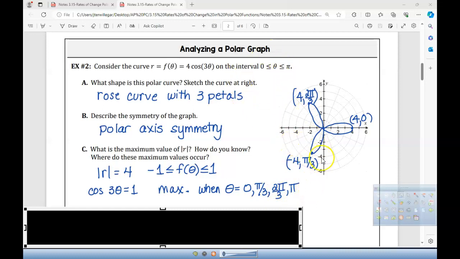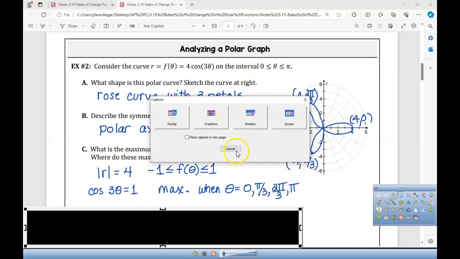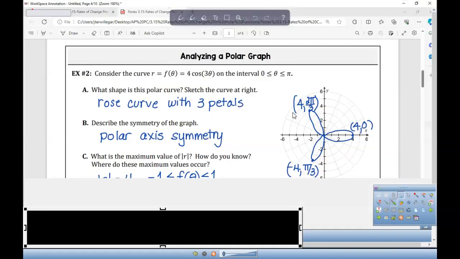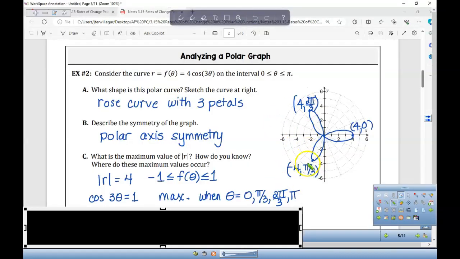Now, why am I using the pi over 3 and the negative 4 here? They restricted our domain to 0 to pi. So now this graph still exists on 0 to pi, right? It's just that pi over 3 is right here.